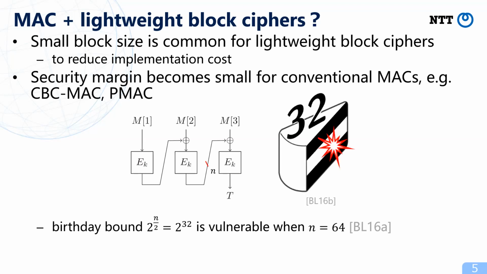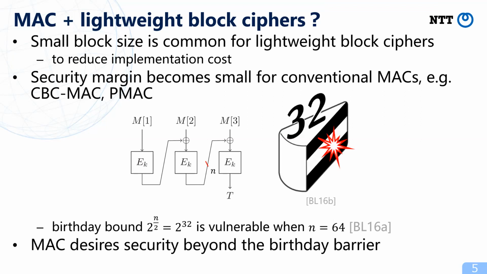And recently the Sweet32 attack showed that 2^32 is maybe achievable in practice. You can have real security threats if you use small block ciphers with birthday-bound secure modes of operation. And so what we might want is to design MACs that are secure beyond the birthday bound.